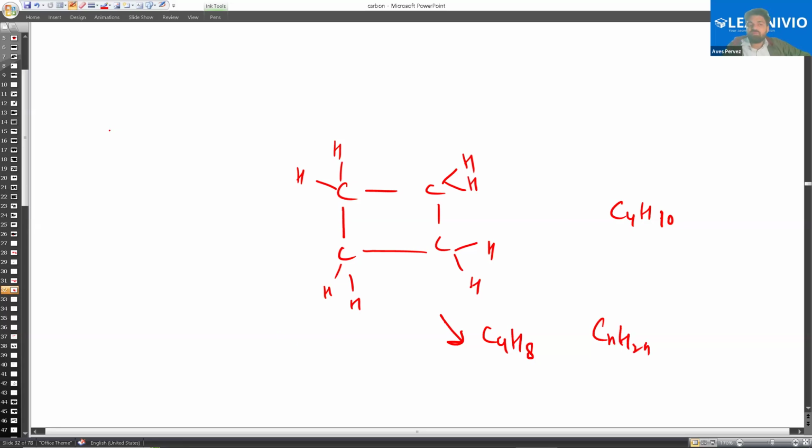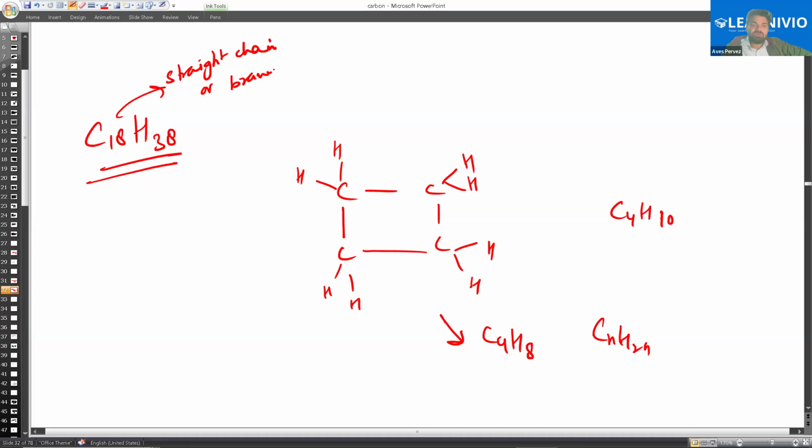For example, for an 18 carbon alkane, 18 carbons, double of this is 36 plus 2 is 38. This will be the formula for the straight chain or branch.